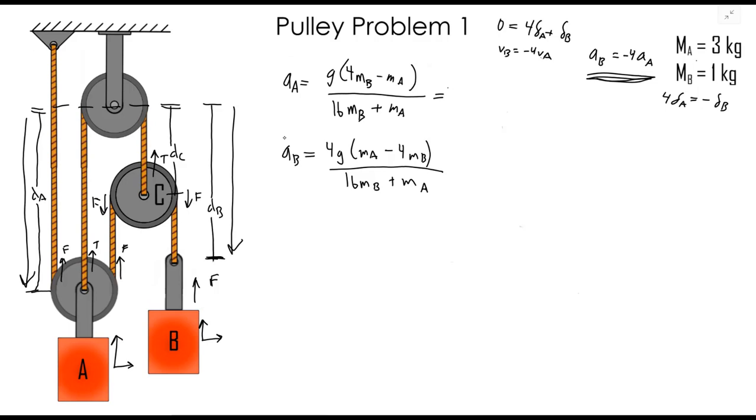For this scenario, we're going to say that one of these masses is non-existent. We're going to say there's no mass at B, and then analyze the acceleration of A. Then we're going to do the exact opposite: say the mass of A is 0, and analyze the acceleration of B. For this first one, MB is going to be 0, because we're analyzing the other acceleration.